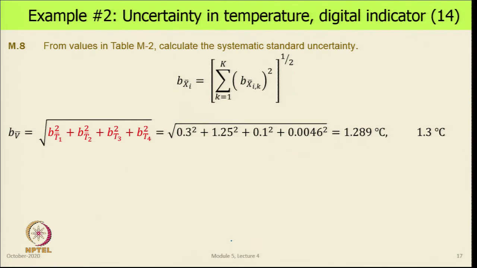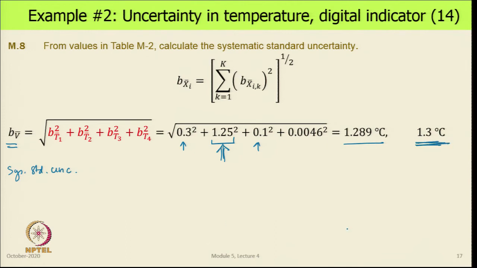Now, we go to the next step. We put all of these things together and calculate the systematic standard uncertainty in the temperature. We sum the squares of all these numbers, which is this much, which we can say is 1.3 degrees Celsius. And although it is coming as a squares, you can see now this one dominates much more than this one, because further we have taken squares. So, this is definitely something that should be of concern to us if we want to improve this.